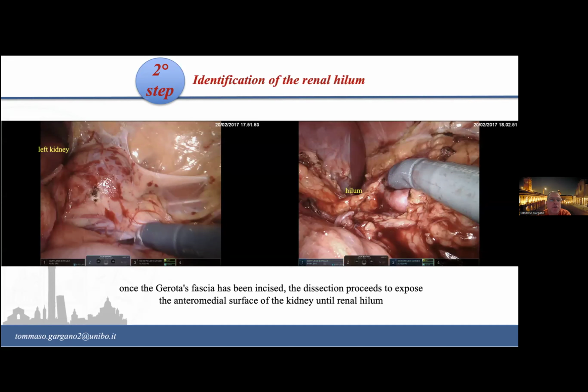Once the Gerota's fascia has been incised, the dissection can proceed to expose the anteromedial surface of the left kidney until the renal hilum, identifying the hilum.